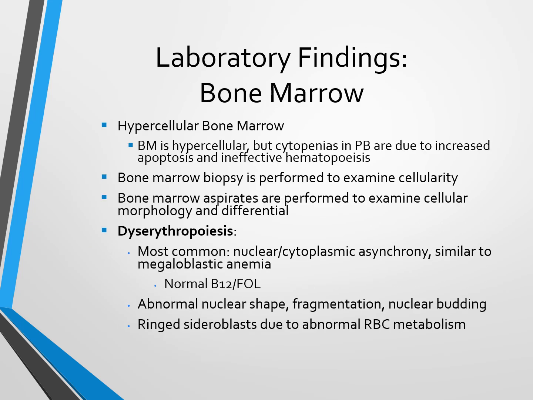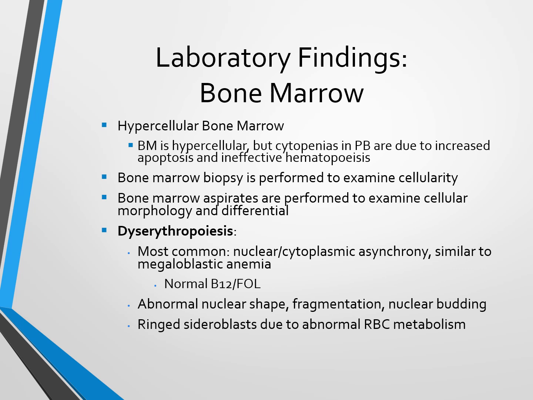Okay, so our bone marrow findings in MDS is going to be hypercellular, so we're going to have an overabundance of cellularity. It's hypercellular, but we are again going to see cytopenias in the peripheral blood due to that increased apoptosis and ineffective hematopoiesis. Now, the bone marrow biopsy is going to be performed typically to examine cellularity.